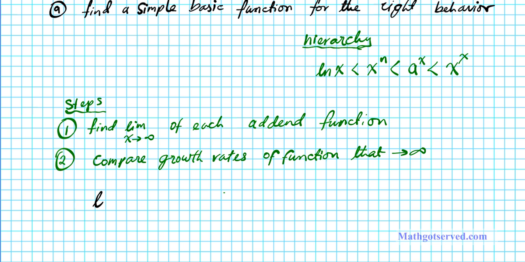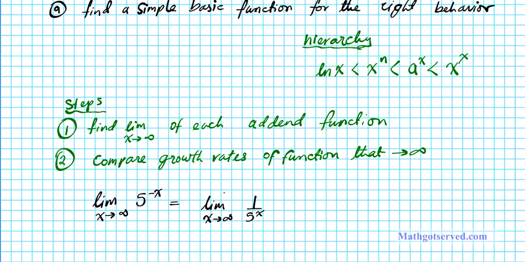What is the limit as x approaches infinity of the first term, 5 to the negative x? We can reciprocate because of this negative here. So the limit as x approaches infinity of 1 over 5 to the x.